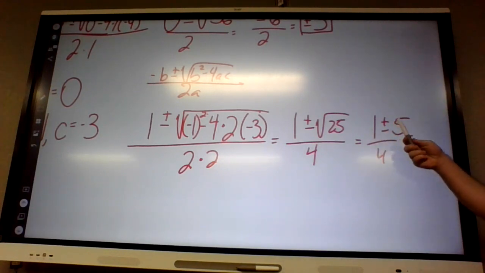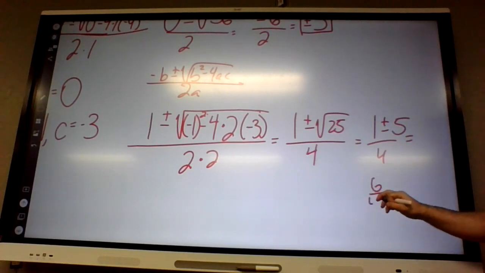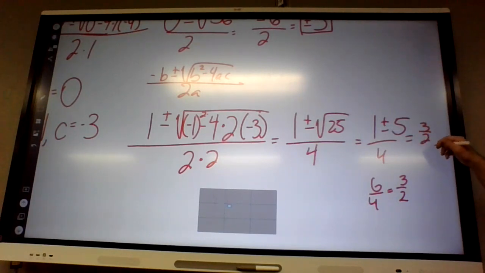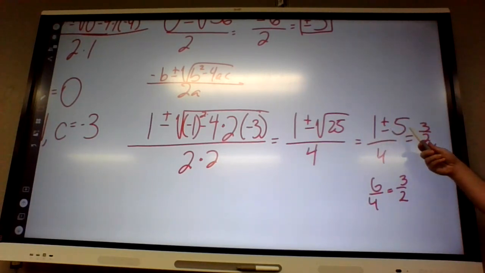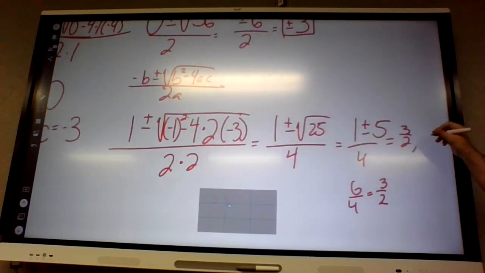So what's 1 plus 5? 6. 6 divided by 4, 6 over 4, which is 3 halves. Okay, 1 minus 5 is negative 4, divided by 4. Negative 1.